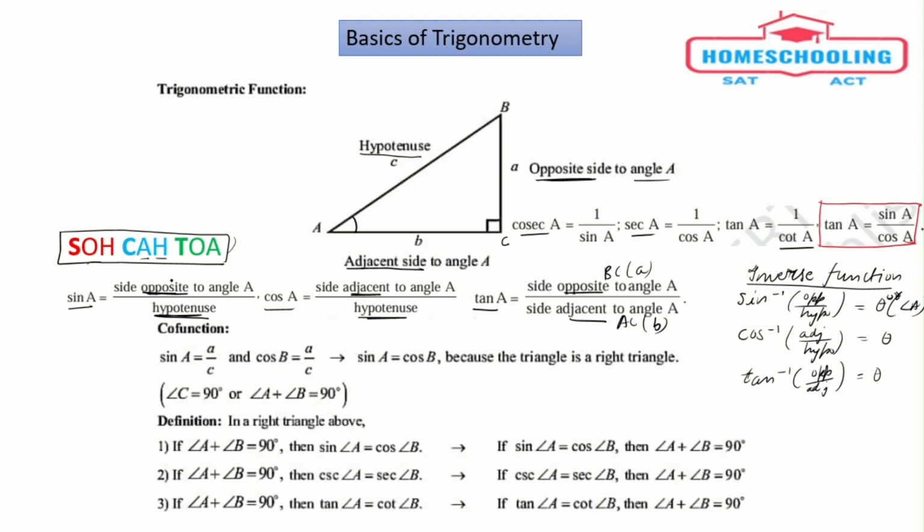Most of the questions are asked from sine, cos, and tan, but there are three more trigonometric functions. So cosec is the inverse of sine, that is hypotenuse by opposite. Similarly, sec is the inverse of cos, so that would be hypotenuse by adjacent.